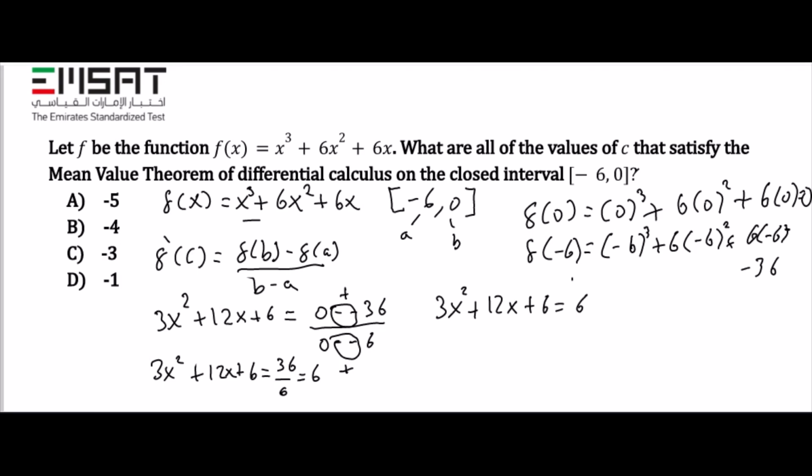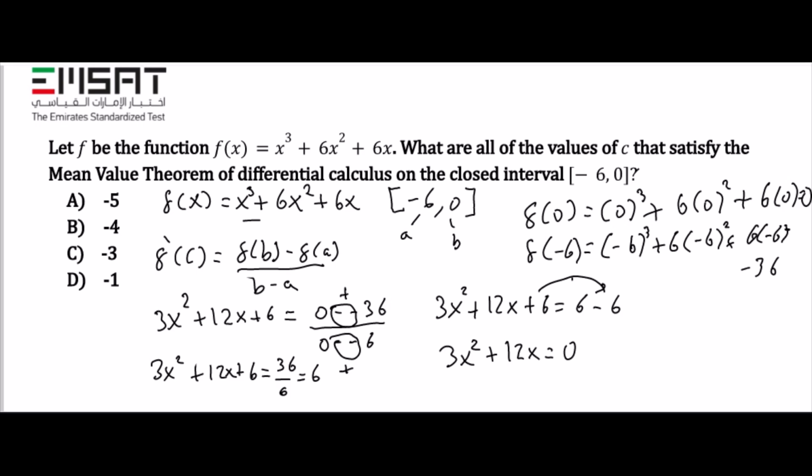We need to turn this equation to equal 0. So we move the positive 6 to the other side, so it will be negative 6. So 3x squared plus 12x equals 0. Now we need to solve for x. We can do it by factorizing.